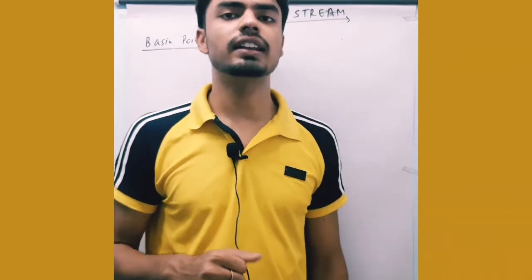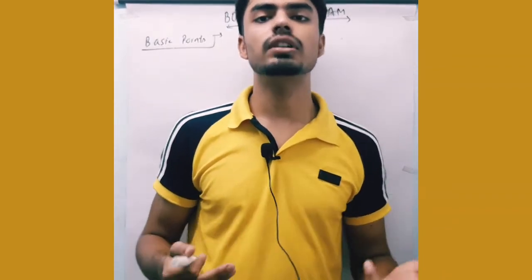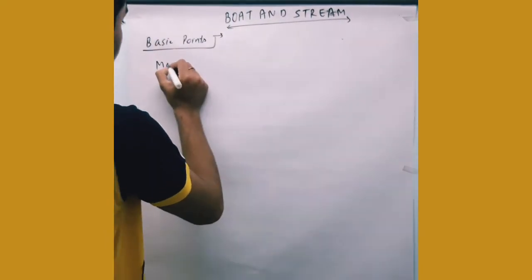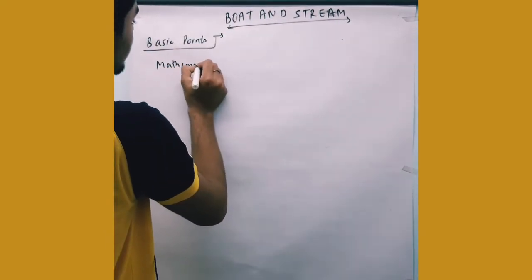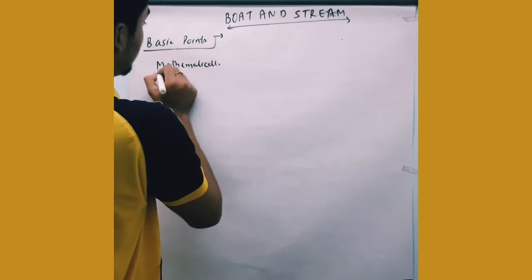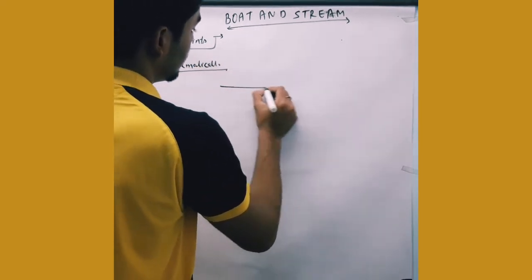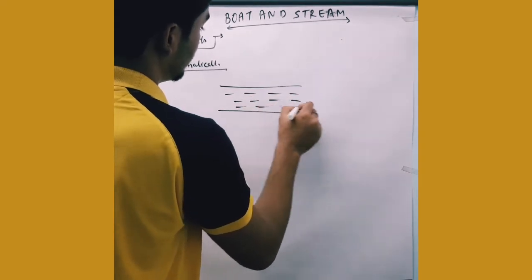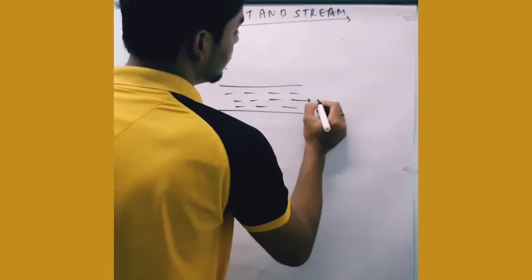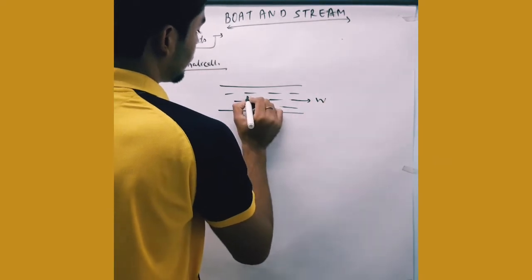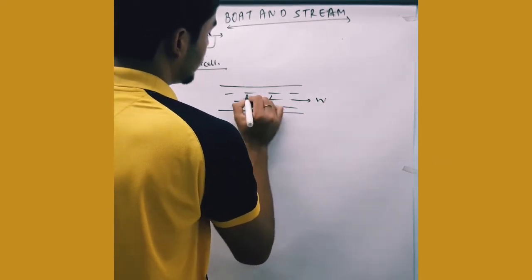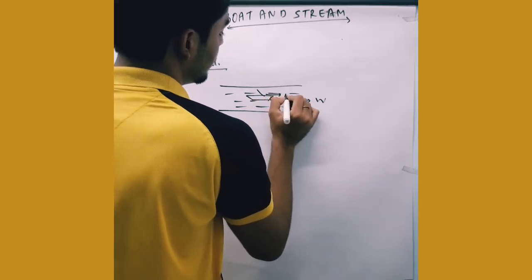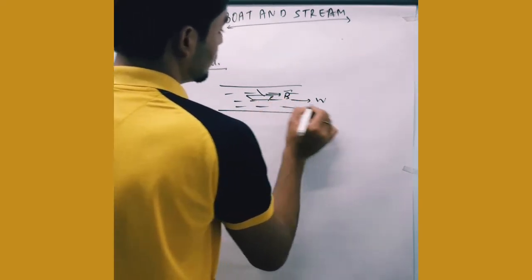Now the first question arises in our mind: how to define downstream mathematically? So mathematically, suppose that this is a river flowing with speed W. Let a boat be moving with speed B along the river.